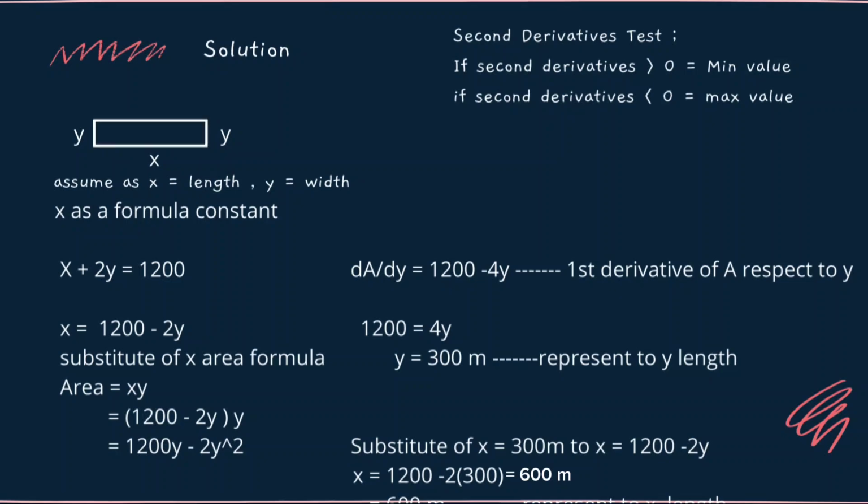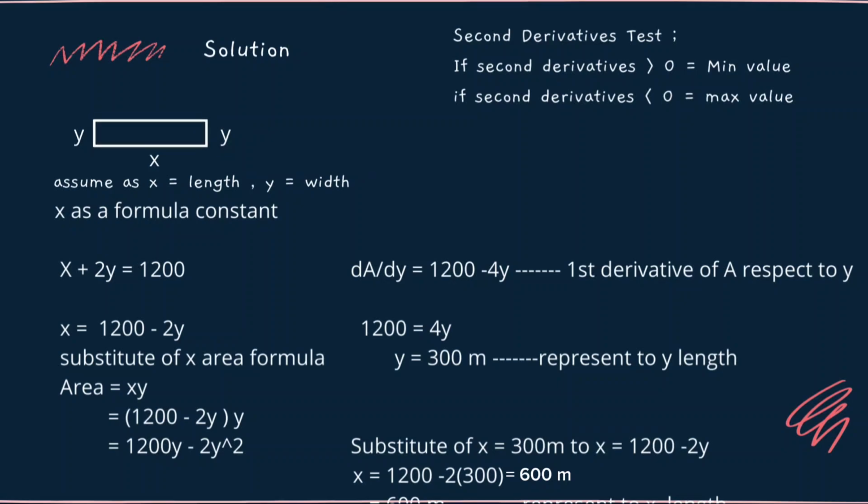Next, substitute y equals 300 meters into x equals 1200 minus 2y. So x equals 1200 minus 2 multiplied by 300 and we get 600 meters, representing the length.